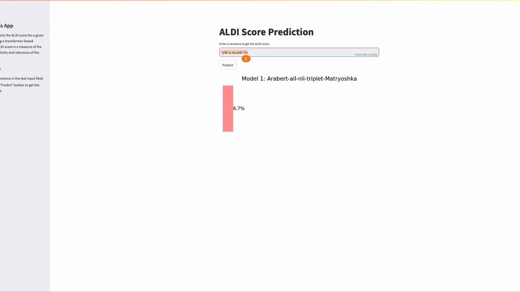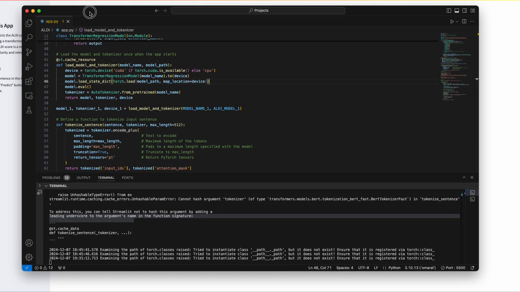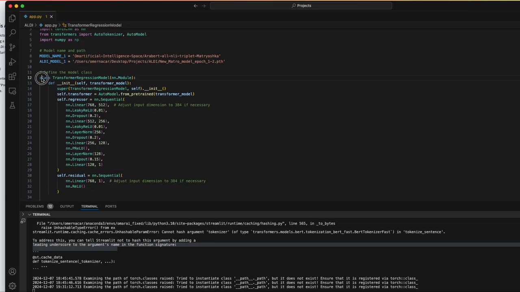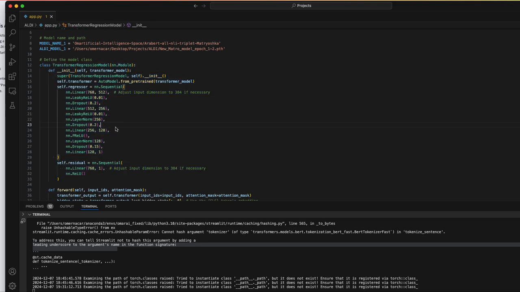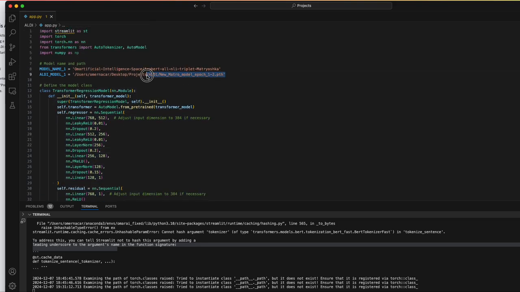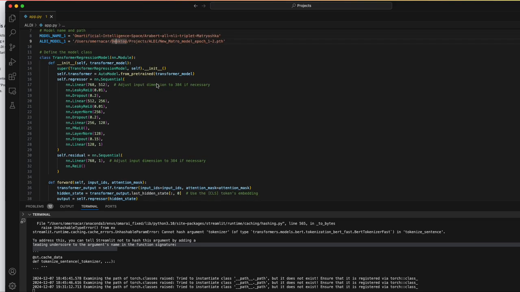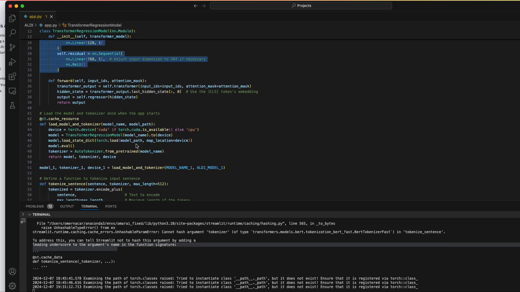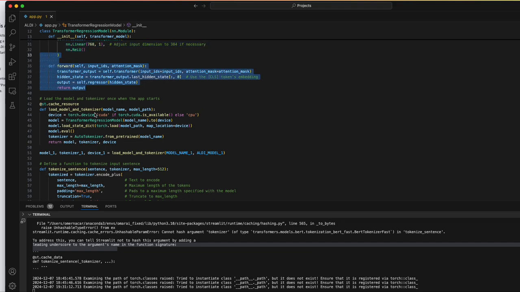So I can show you some logic behind this work. For example, here you can see that I have my regression model, which is a transformer-based regression model. Okay, and of course I have trained this model. I have the embedding model I am using, and also the trained model on this regression class with the forward function, of course.